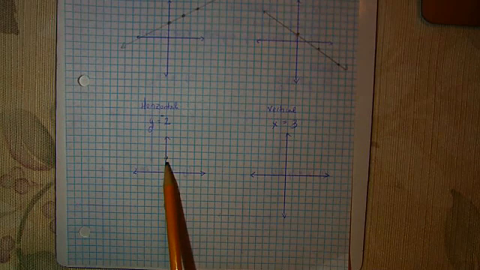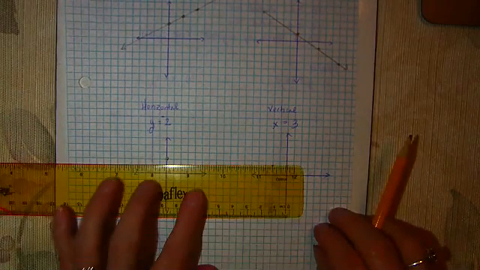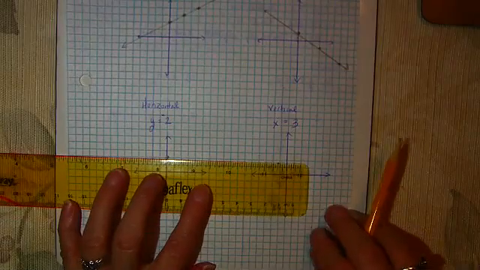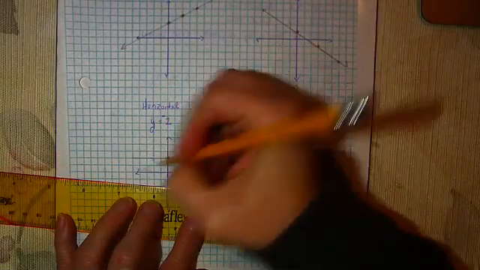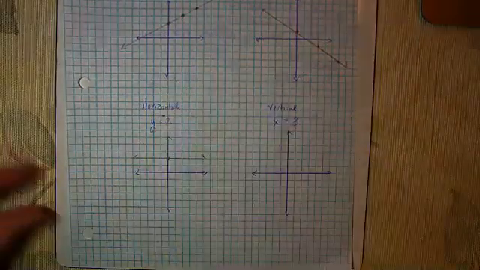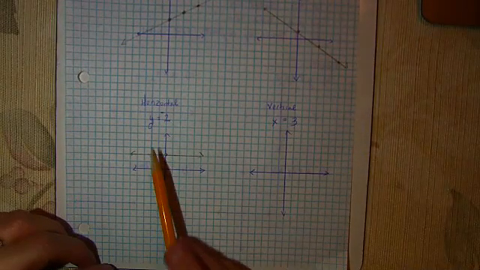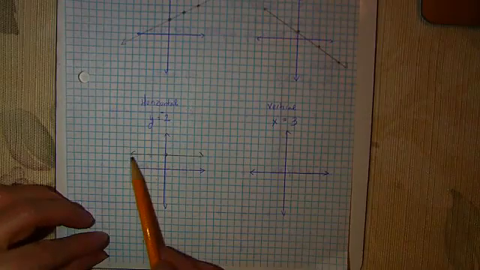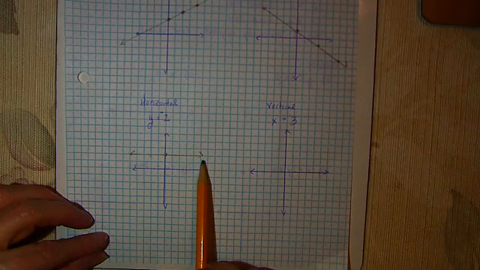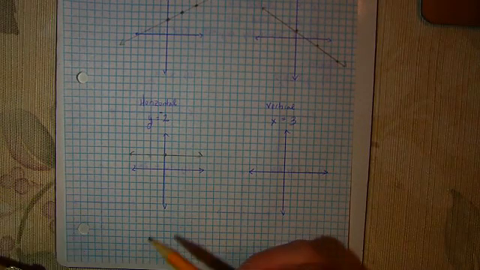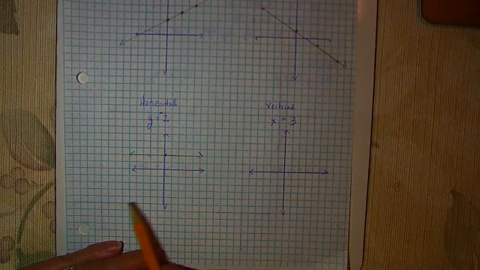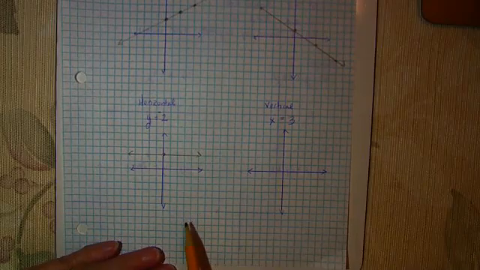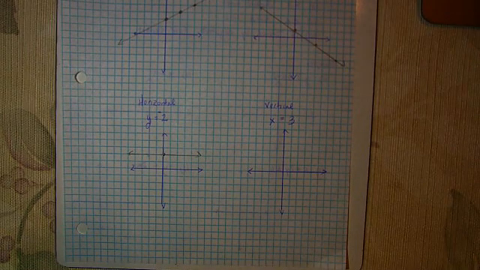Okay, so once we have our dot on 2, we can draw a nice horizontal line. And that means every value on this line has a y value of 2. So if it says y equals 2, nice horizontal line through 2. If it said y equals -4, we would go down to our -4. We'd have a nice horizontal line through -4. All right, so that's what your horizontal looks like.